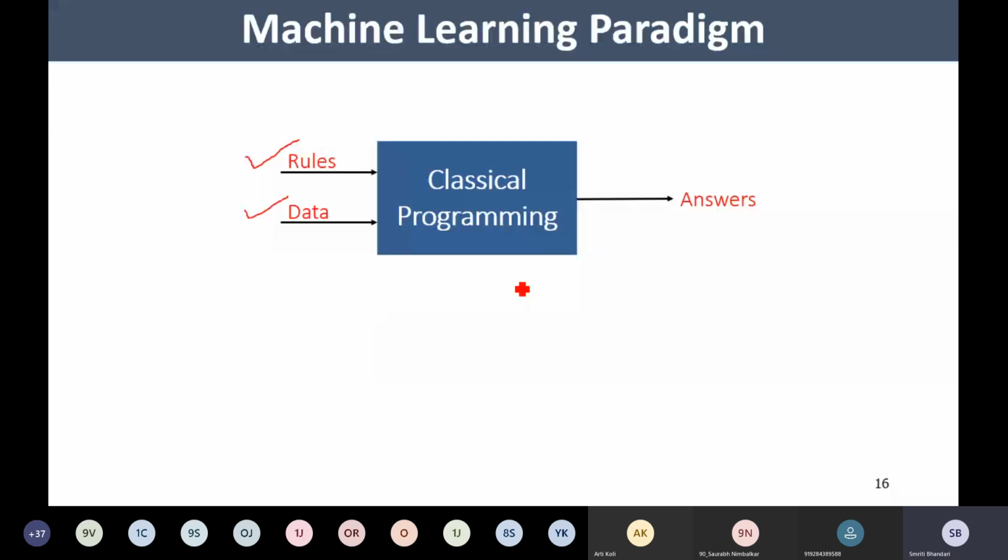My classical programming unit will impose those rules on the data, and according to the rules, whatever the results or answers may be, those are provided to the user. So this is how my classical programming approach works. Let me give you one example.